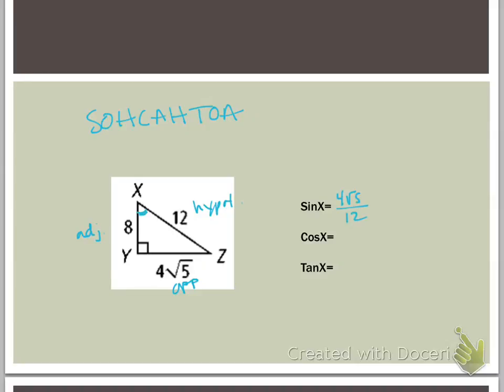So 4 square root 5, press the over button, divided by 12, I get square root of 5 over 3. Cosine is adjacent over my hypotenuse, so 8 over 12 simplified is 2/3. Tangent is opposite, so 4 square root 5 over adjacent, so 8. So that simplifies to square root of 5 over 2.